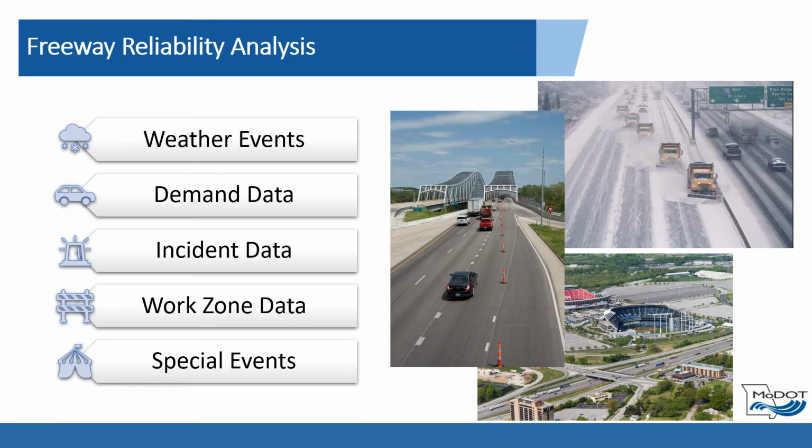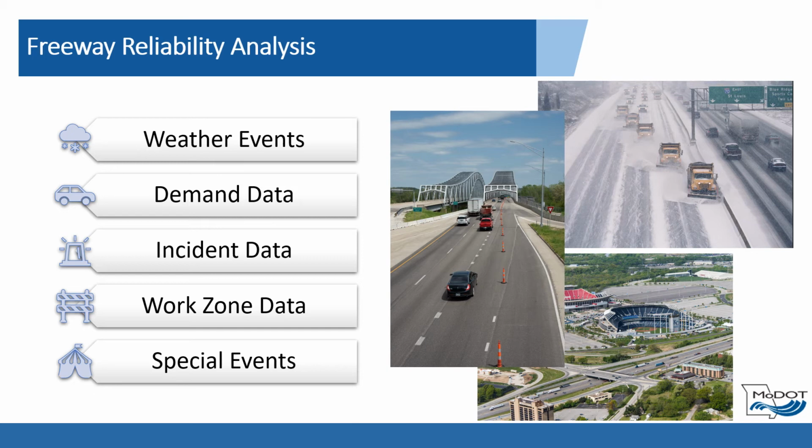Influencing variables used in the analysis can be modified by the analyst to tailor the study to the project. Individual demand scenarios, such as month or day of week combinations, can be repeated several times to increase the sample size of stochastic influencing events.